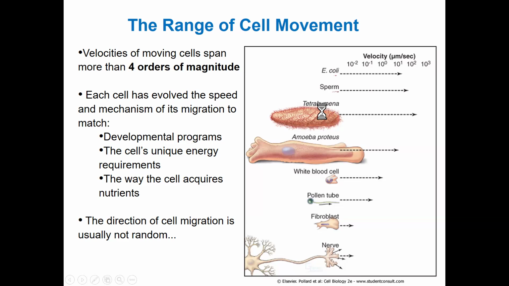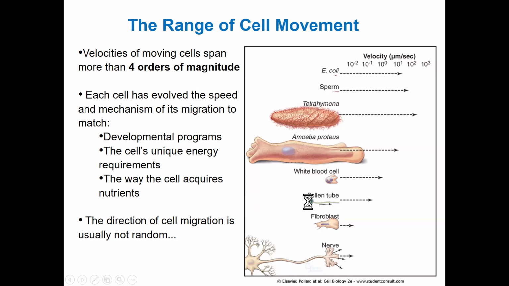But there are many other organisms: Tetrahymena, Amoeba proteus, white blood cell. White blood cells also have motility because they are the guard cells and immune cells. They move toward bacteria or other pathogens.